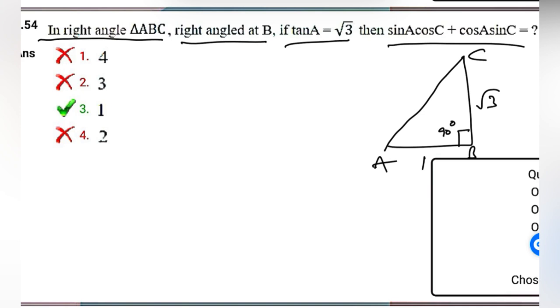And AC is equal to root of root 3 whole square plus 1 square, which is equal to square root of 4, that is 2. So AC is equal to 2.